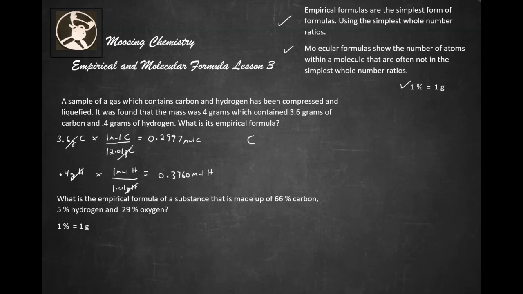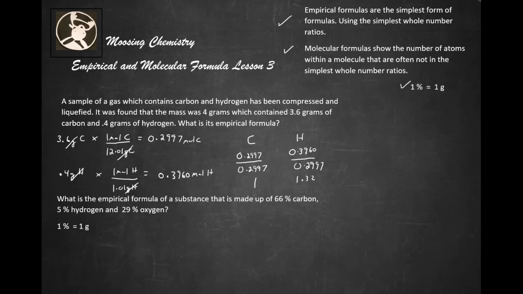Now we want to set up and see what the empirical formula is going to be. So we take carbon, the smaller of the two numbers, and put it over itself. And hydrogen gives me 1 to 1.32.